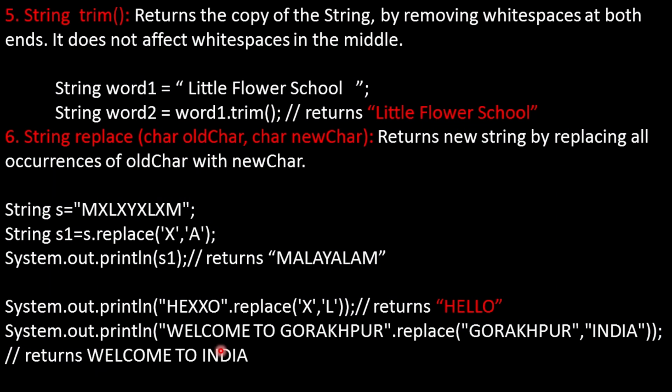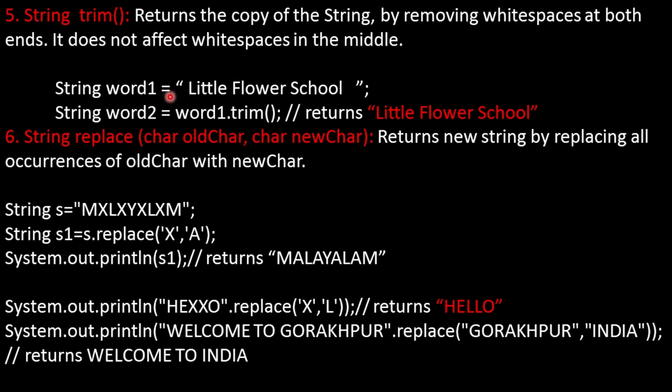Now see the next one, that is string trim. It also has a return type of string. Let us see what is happening with this trim function. It returns a copy of the string by removing white spaces at both ends. It does not affect white spaces in the middle.